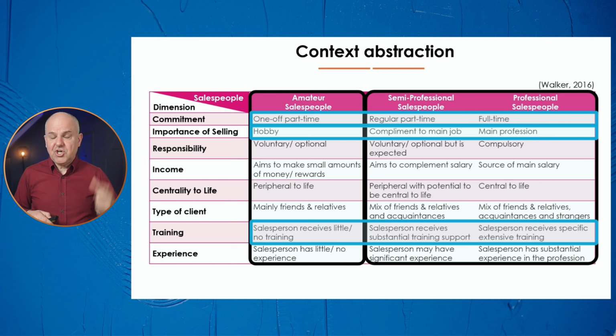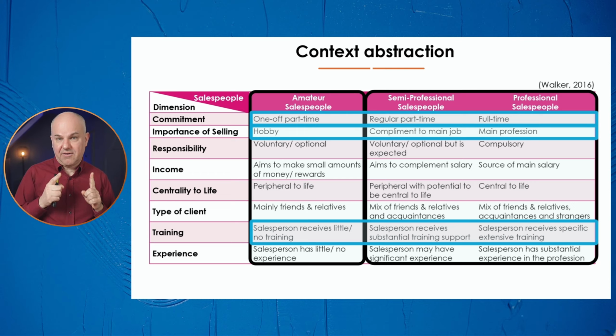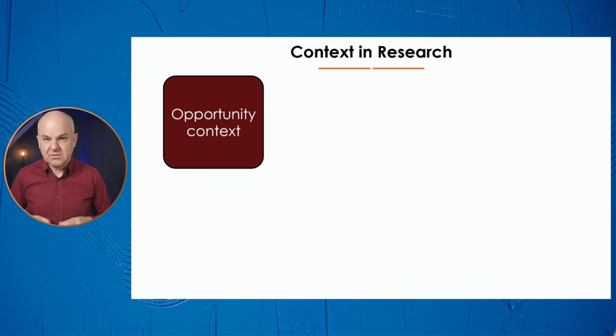So this shows very high-level abstract thinking, not only in identifying that that specific type of ambassador is an amateur salesperson, but also in demonstrating that amateur salespeople have different abstract characteristics than the other two types, which is where most research on selling techniques has focused. I would say all research on selling techniques.